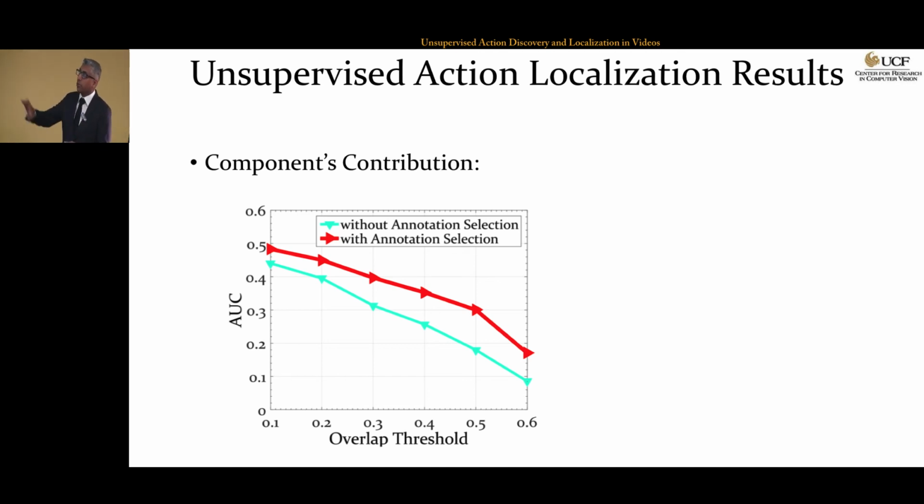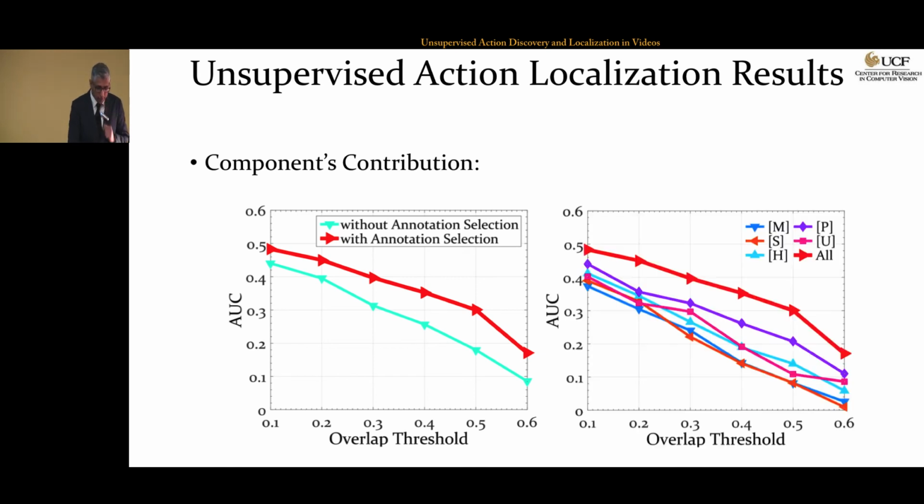Here we show the comparison of selection through quadratic programming with and without, and we show that we significantly improve by selecting good annotations to train our action detector and be able to classify in testing videos. Here's an analysis on the different knapsack values that we use for our approach. We have the motion boundary, the saliency and humanness, and we show the performance individually as well as in combination, and we get a significant improvement when we combine all of those approaches.